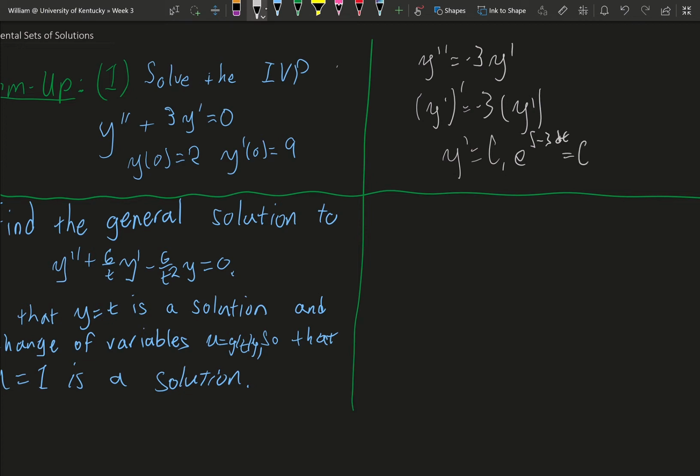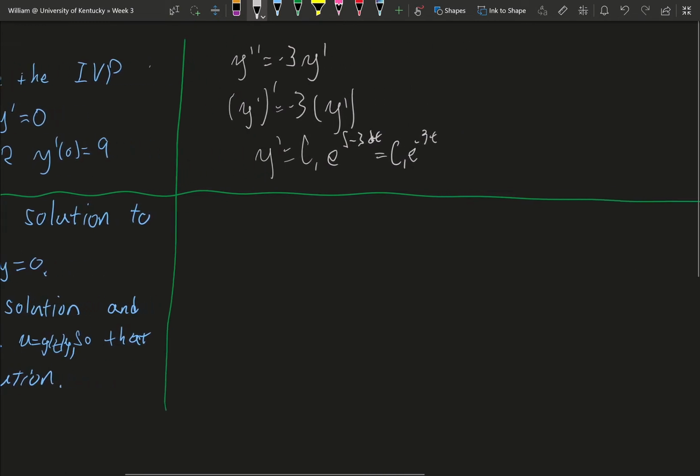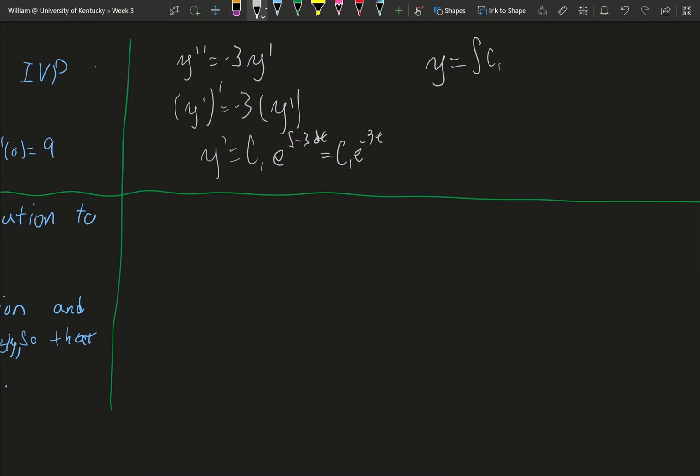So we get y prime equals c1 e to the negative 3t. Now we integrate both sides. So y is the integral of c1 e to the negative 3t dt, which means we get c1 over negative 3 e to the negative 3t plus some other constant c2.